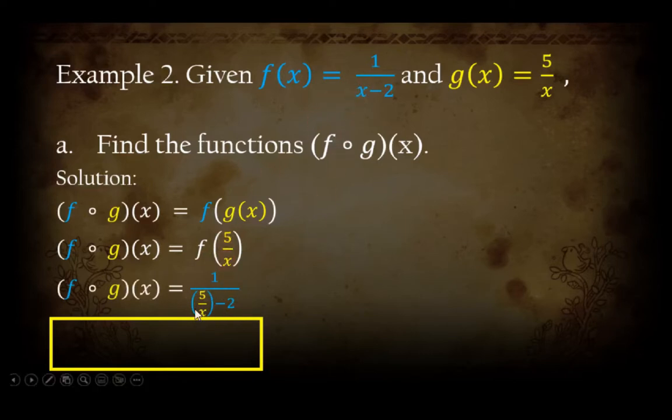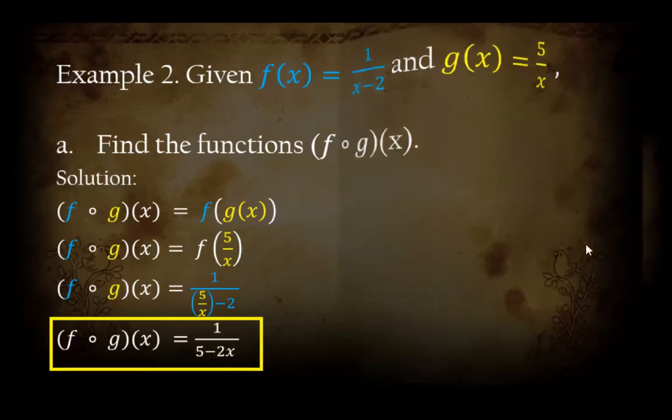Then we simplify the denominator. Since wala naman tayong pwede pang gawin dyan sa numerator, denominator na lang. 5 over x minus 2 can be written as 5 minus 2x over x. Okay? So, the final answer would be 1 over 5 minus 2x in this case. So, it is important na simplified ang ating final answer to get the final result.